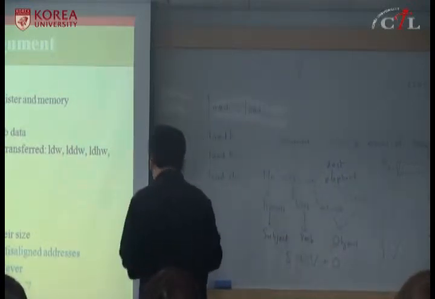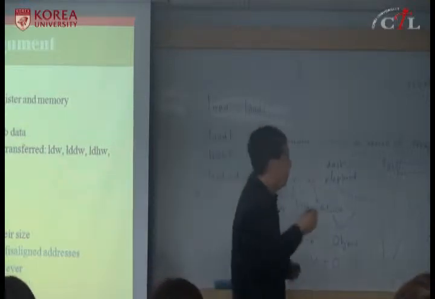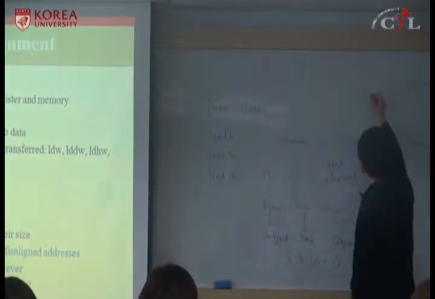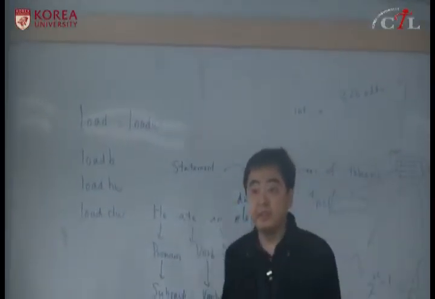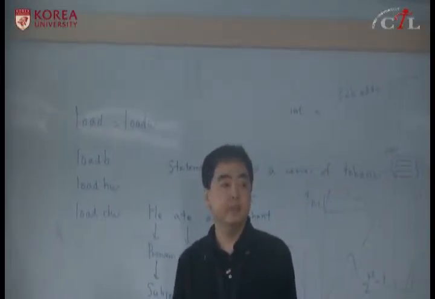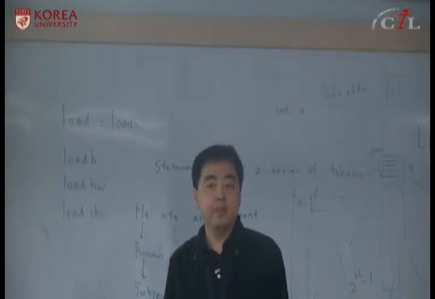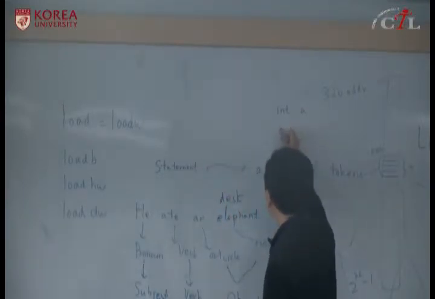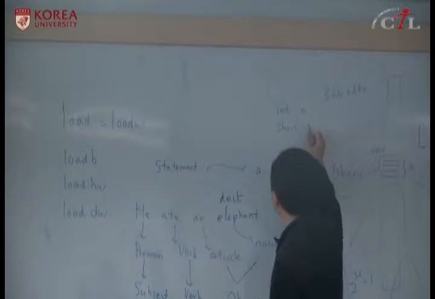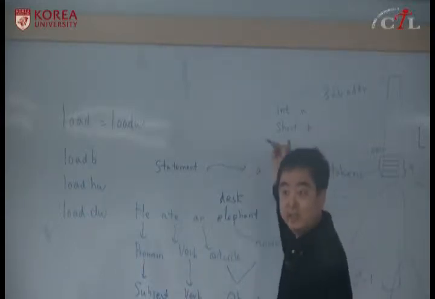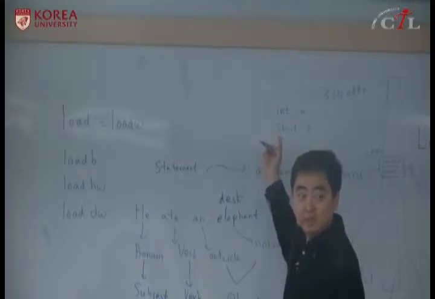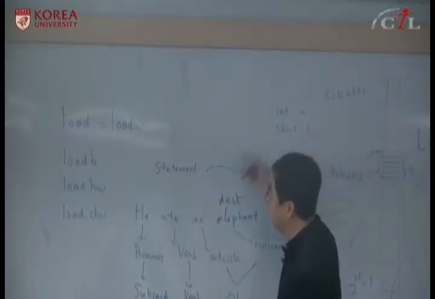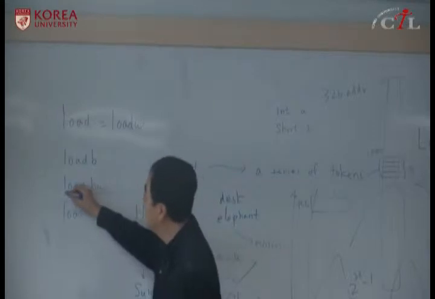For 32-bit processors, if you do in a C program, you have integer A. All these integers are 32-bit integers for 32-bit processors. Okay? But in a C program, you have some short integer, short b, right? This is actually a 2 byte, 16-bit integer. Okay? So to copy this variable into a register, you have to use load half word.